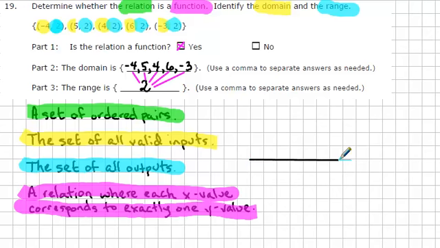So I'll go ahead and draw the x-axis and the y-axis. And then we'll plot the different points in the relation.